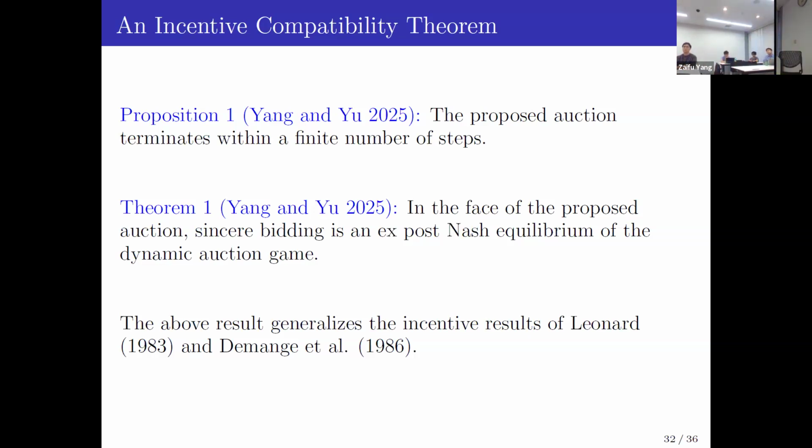Then this theorem says that sincere bidding is an ex post Nash equilibrium of the dynamic auction game. In some sense, this result generalizes the result of Maynard and the demand theorem. We tried to design a more desirable one, to achieve ex post perfect Nash equilibrium, but that's too difficult.